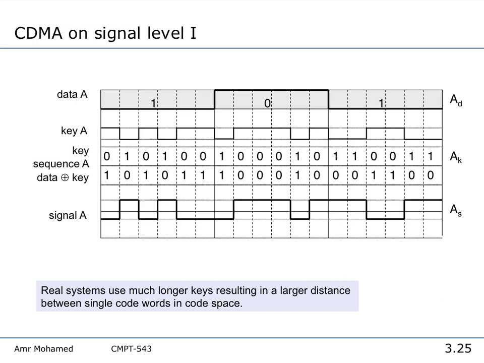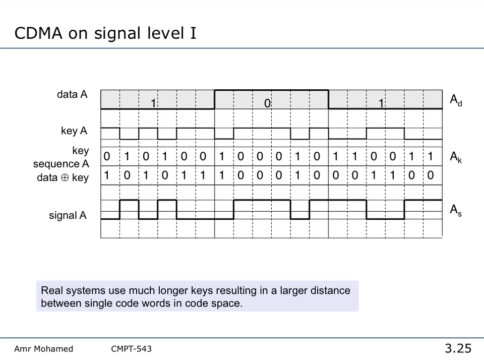So that's how it looks in the time sequence. Here, remember, the code is continuous in the time domain. So this whole code is mutually orthogonal with the code of B. In the time domain, this code is generated continuously.